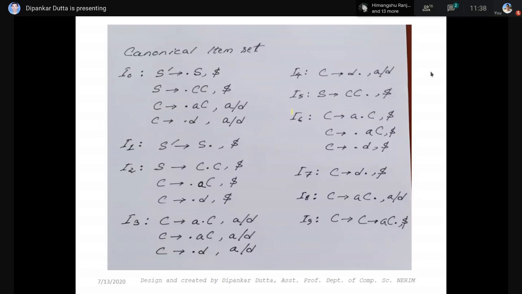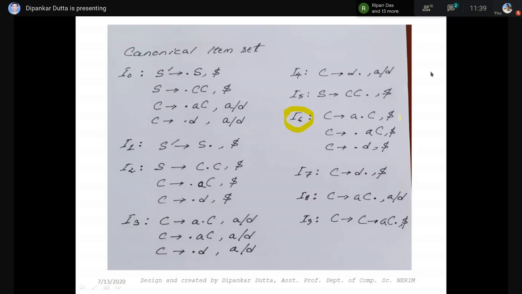We can check I6 also. So what are the input symbols in I6? Dot C. So we have to look for what? Capital C implies AC dot, dollar, where it is available. And remember, you can't check for ACAD. You have to check for AC dot dollar, where it is available.